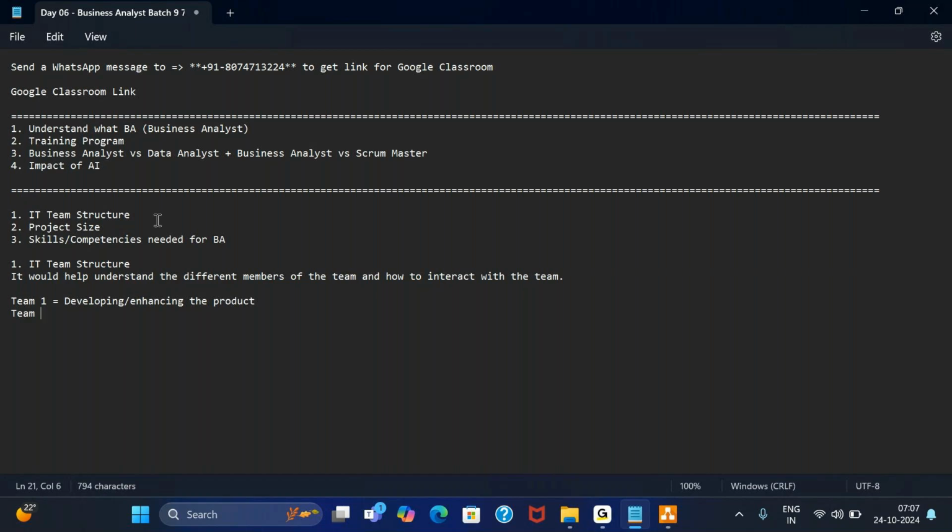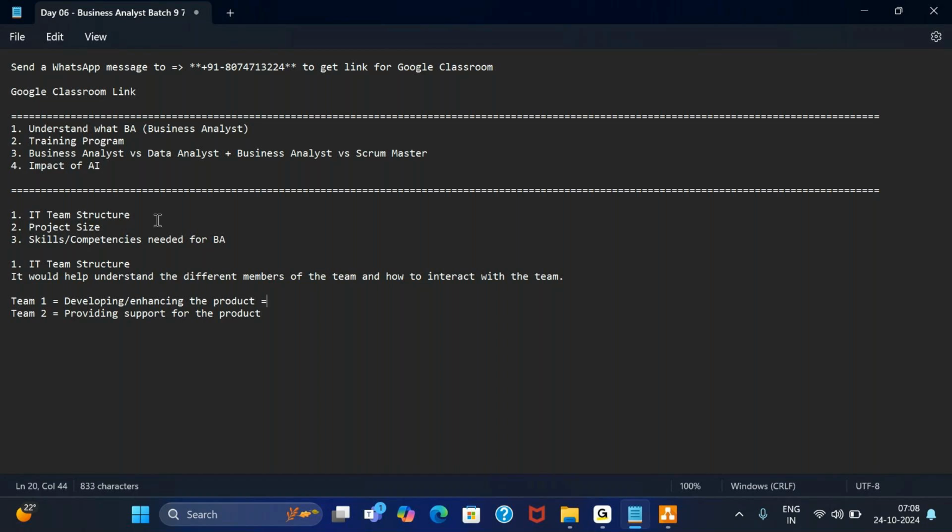And there will be another set of team which is responsible for providing support for the product. So these are majorly the two categorizations of teams that you will see within the IT industry.